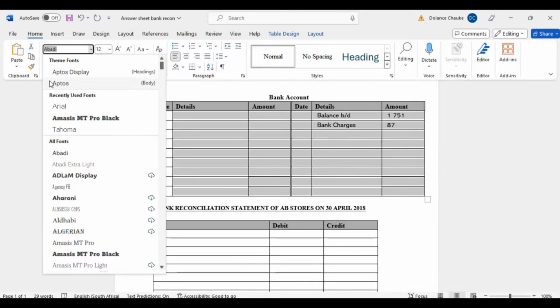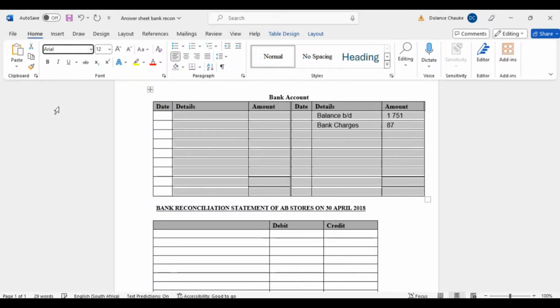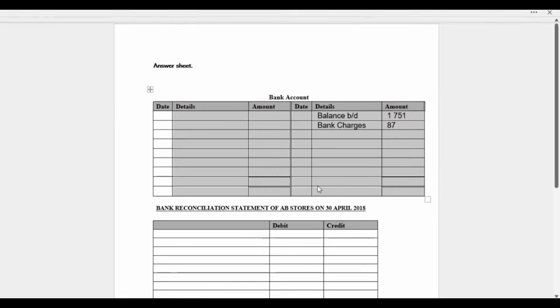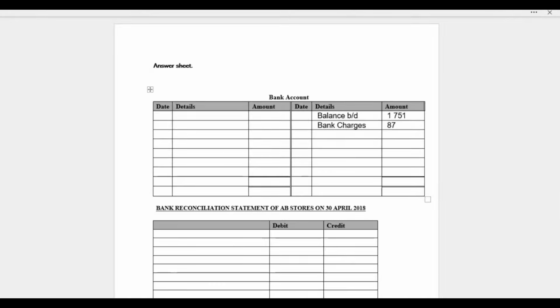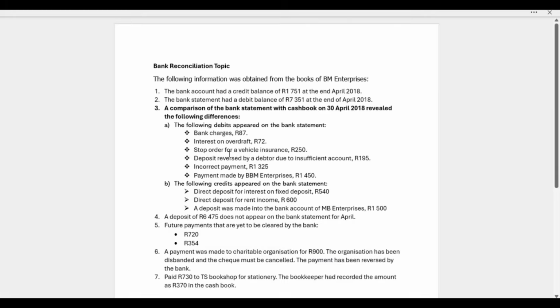And then we'll go to the next transaction there. What does it say? The next transaction says interest on overdraft 72 rand. Interest on overdraft is also an expense. Therefore, it will decrease your bank account because they said that these ones are appearing in the bank statement.